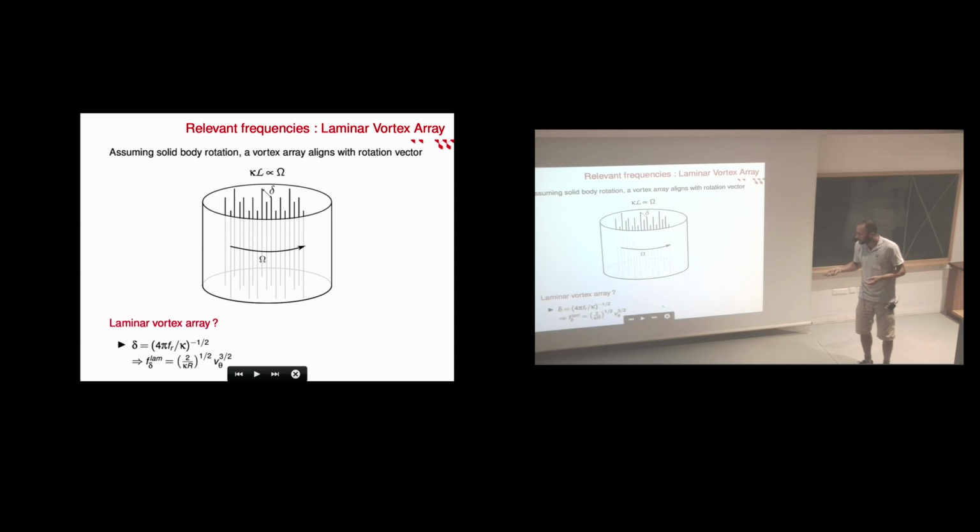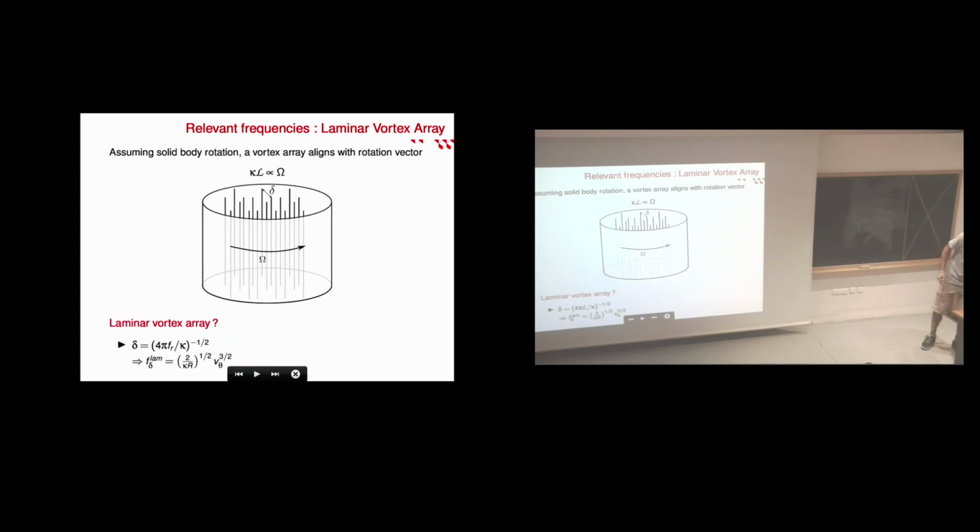So again, this exponent is compatible with what we want, but obviously there is no turbulence in that model. We cannot account for the variation due to the turbulent ratio.